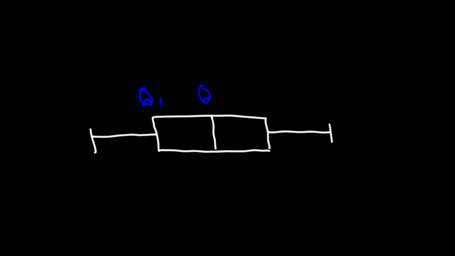Now let's go back to a symmetric distribution, but for a box plot. So this is Q1, the first quartile, this is Q2, and this is Q3, the third quartile. So this box plot, or this box and whisker plot, represents a symmetric distribution.